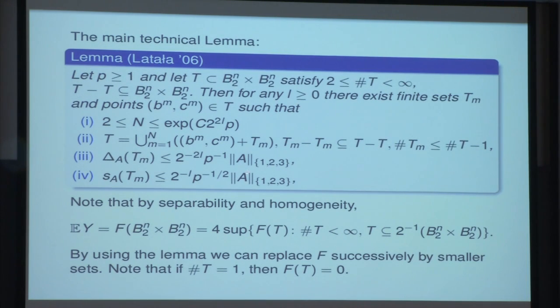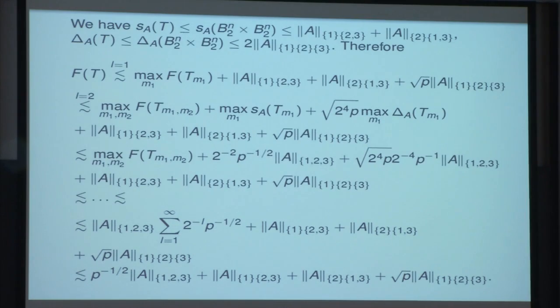Later on, in our lemma, we control those characteristics of the set only in terms of this Hilbert-Schmidt-like norm. And at each step, this is done in such a way that you will have this Hilbert-Schmidt norm multiplied by something smaller, which decreases geometrically.